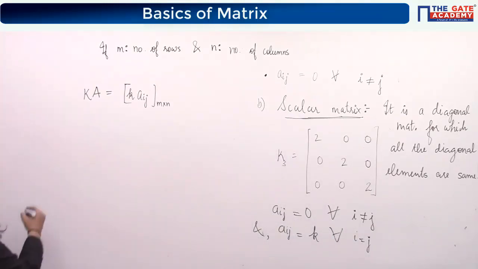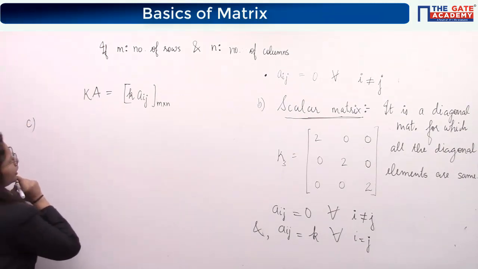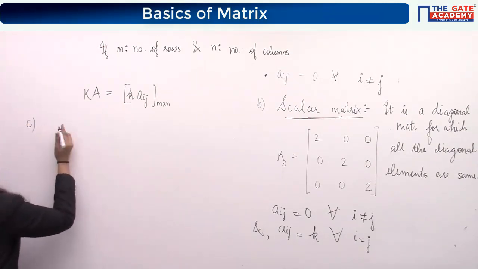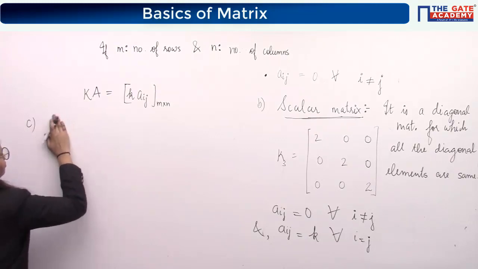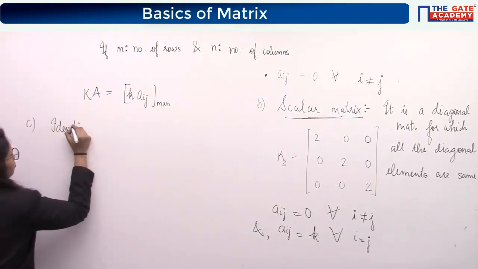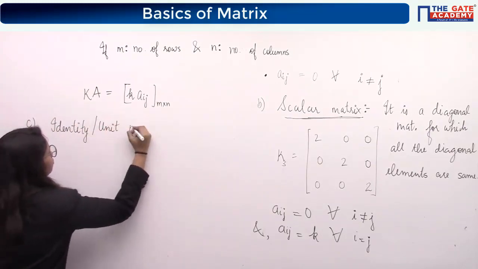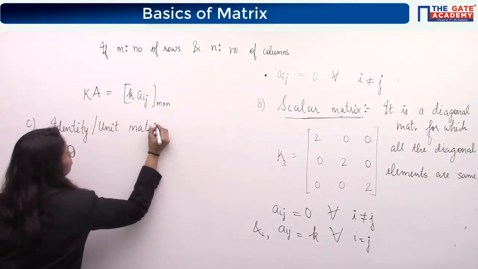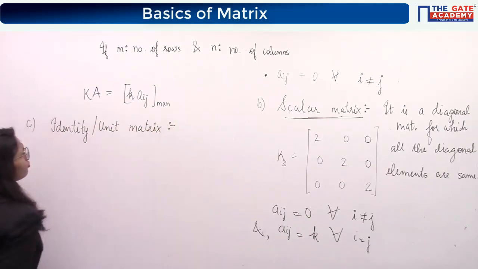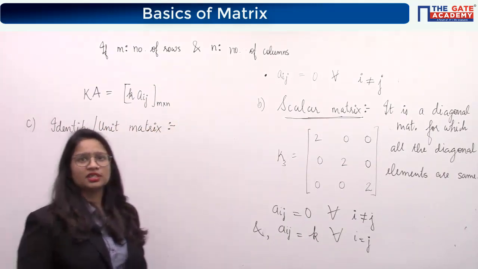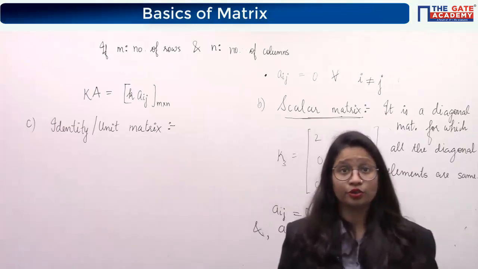Now let's go to the C matrix, type C, which is the identity or unit matrix.